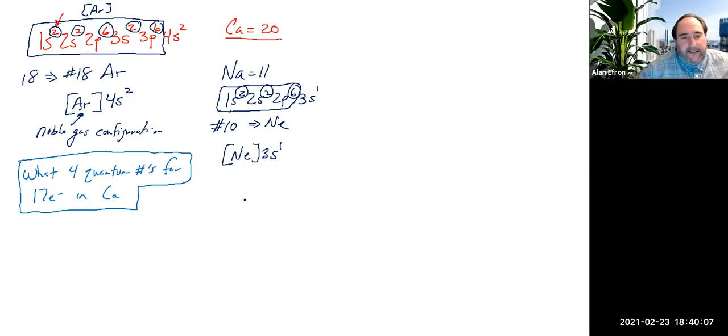Okay, so let's take a look. If we're trying to figure out the 17th electron, that is 2 there, that's 4, that's 10 electrons, it's 12 electrons, that's 18 electrons. So for sure, that 17th electron should be hanging out in that 3p orbital.